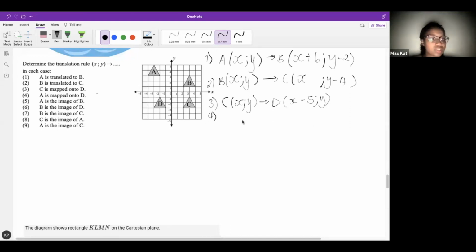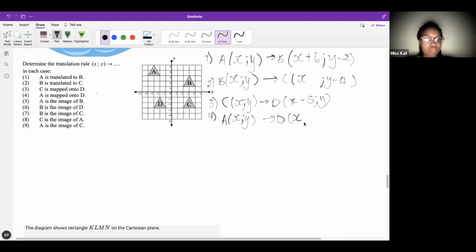Number 4 says A to D. So our A coordinate, whatever it is, X, Y, and we want to know how we got from A to D. Okay, let's start with X's. Did we move left or right to go from A to D? We moved right. Beautiful. So that is plus.